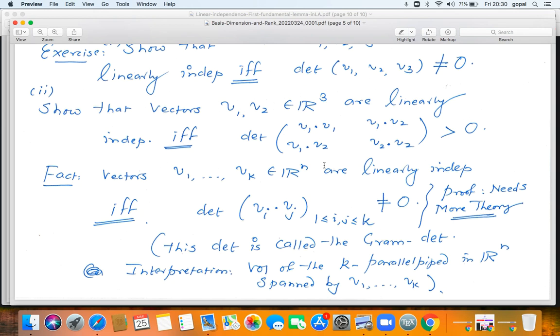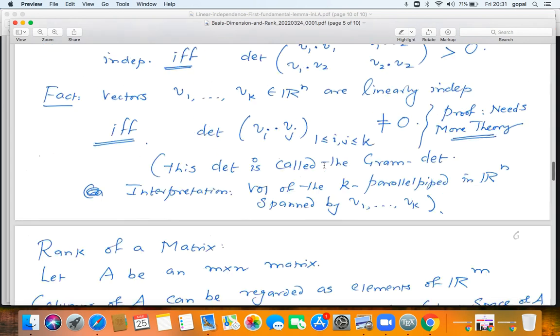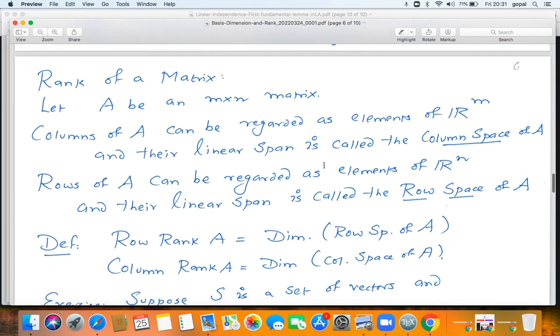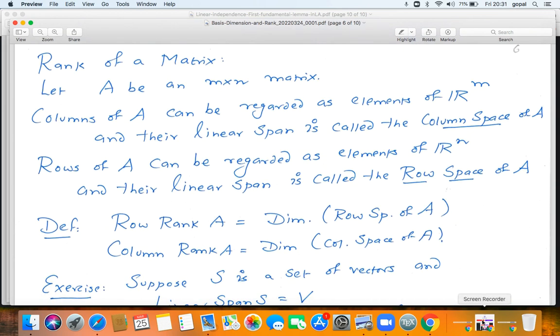The abstract theory of linear algebra is being systematically and gradually developed, and you will see it's a very powerful and a very versatile tool that you will have at your disposal, and which you can use in many problems in engineering and science and technology. So the rank of a matrix I will take up in the next lecture.